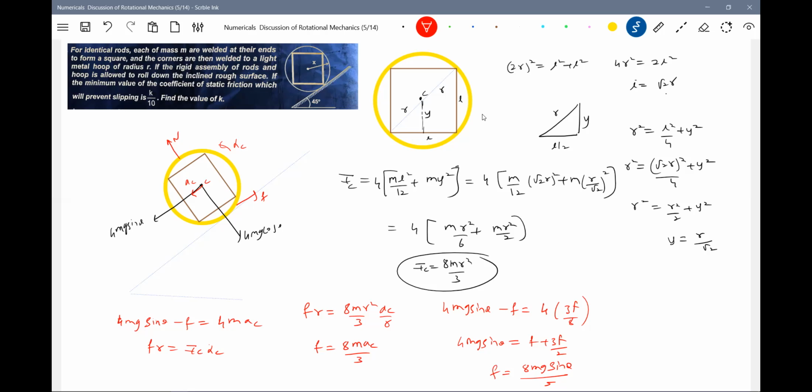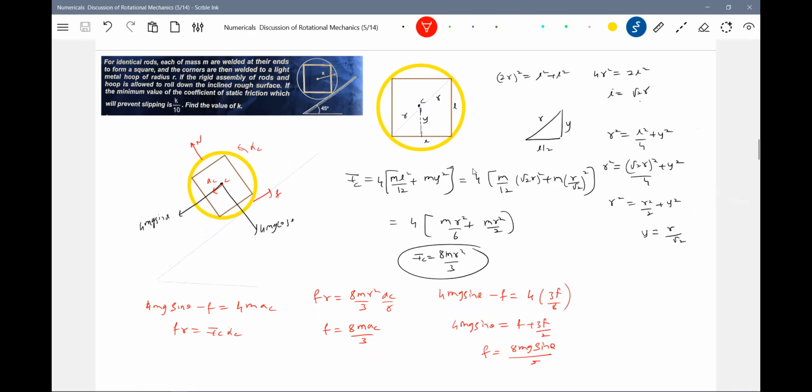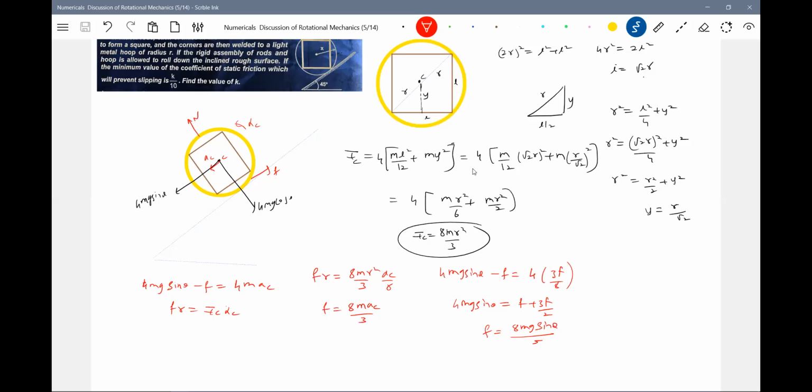After this, what to do? What is the maximum permitted friction here? It should be equal to mu s N, and N is equal to 4 mg cos theta. And we know theta is given as 45. Now, what is the requirement for pure rolling, for no slipping? I just want to revise that idea.